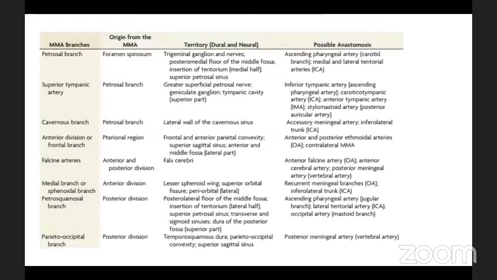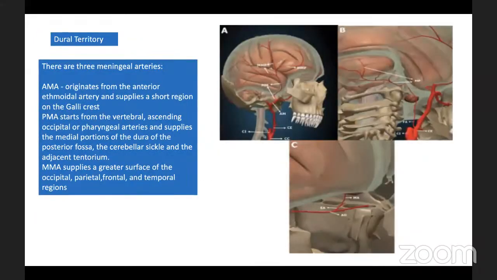So these are the important branches of the MMA from proximal to distal. And these are the territories involved, and mostly all of the branches have some anastomosis with the ICA and with some part of the vertebral artery as well. So coming to the dural territory, there are three meningeal arteries: anterior, posterior, and middle.